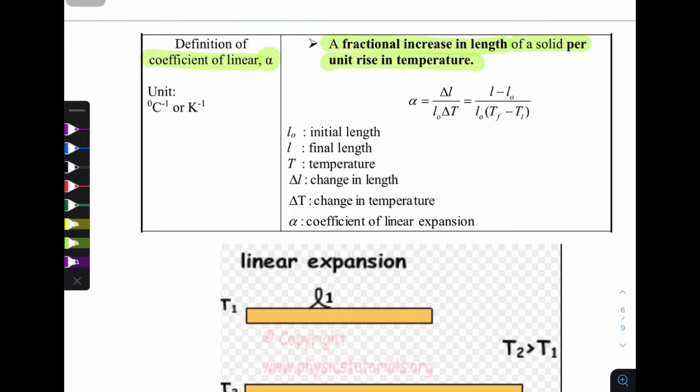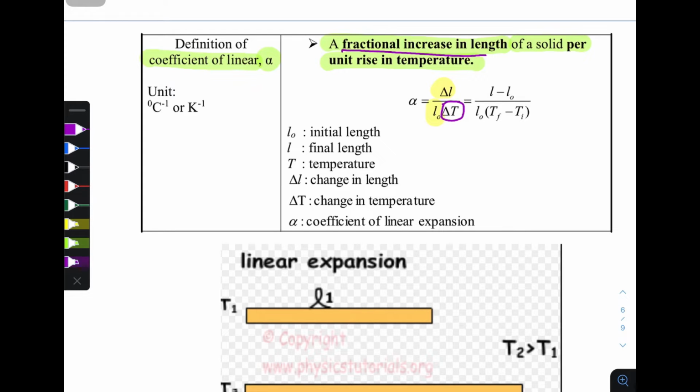So kamu akan dapat delta L per L0 ni, ini adalah you punya fractional increase in length, untuk pepejal lah ya, solid ya. Per dengan unit rise in the temperature tu yang mana? Kamu dapat inilah dia. Per dengan unit rise of temperature which is delta T.